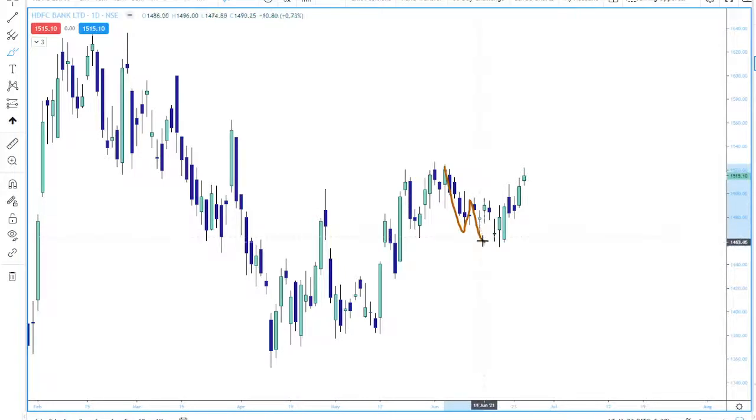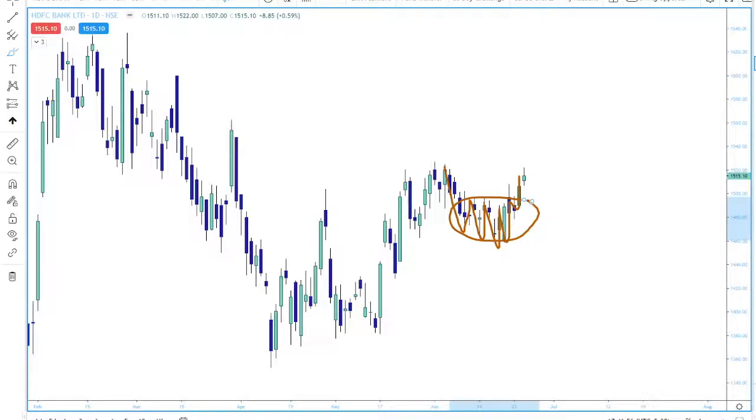See here, it tried, and then there was some congestion, and now it is kind of going out of this congestion zone. So that's why I'm bullish on HDFC Bank. I'd be looking for buying opportunities in HDFC Bank for intraday trading.